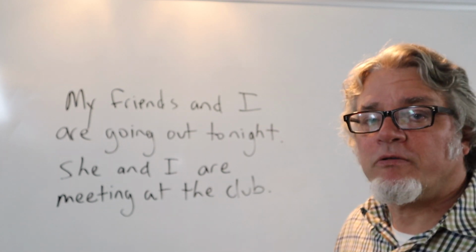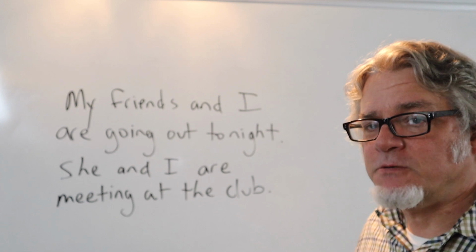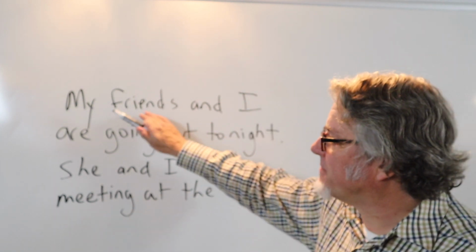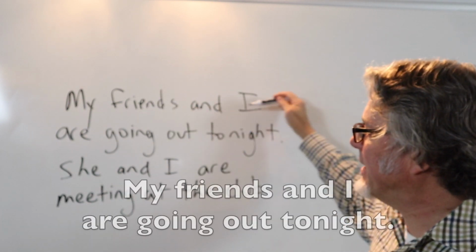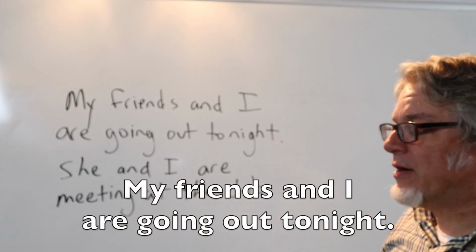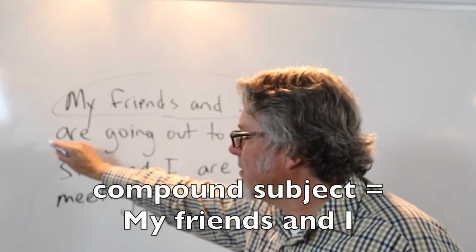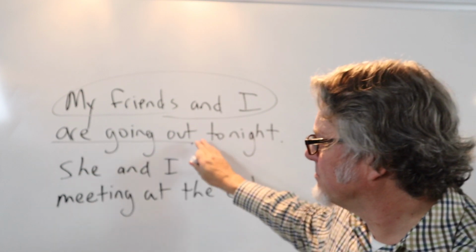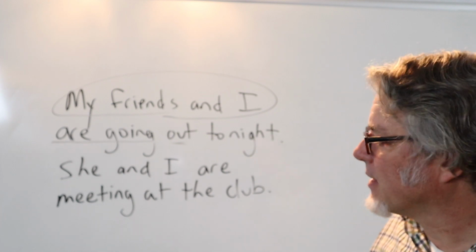Notice that when the pronoun I is used as part of the compound subject, it goes after the first part of the subject. So my friends and I are going out tonight. Here's the compound subject, and then here's the verb phrase that matches the subject.